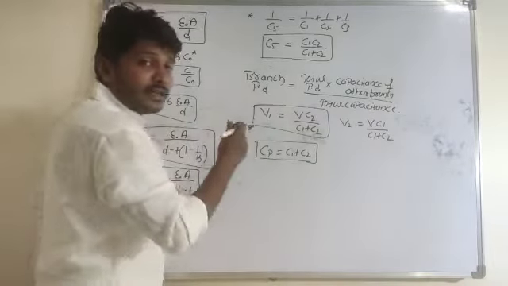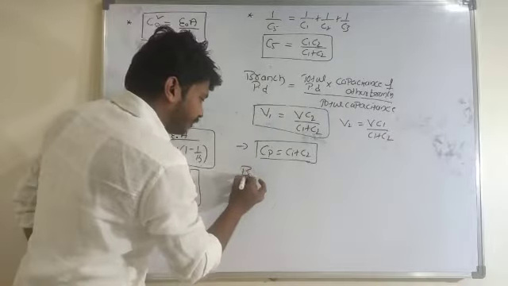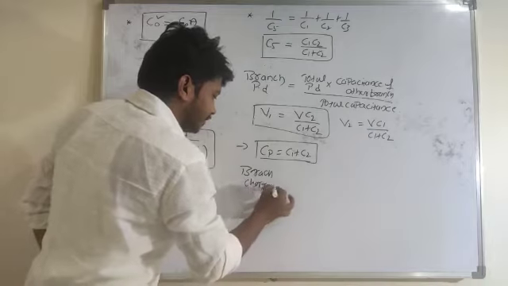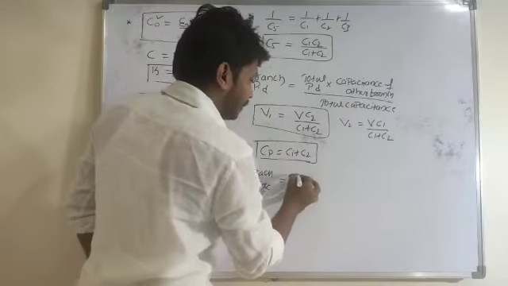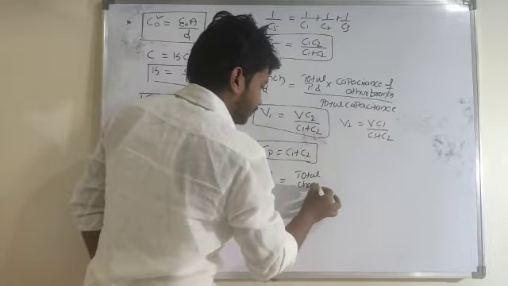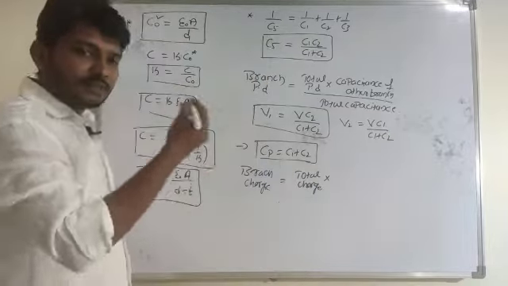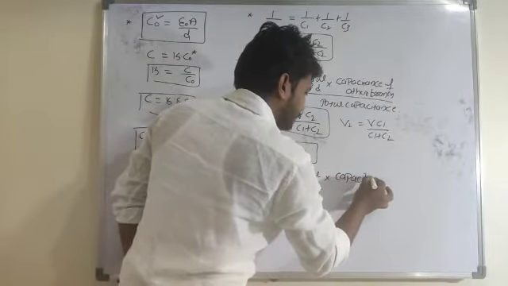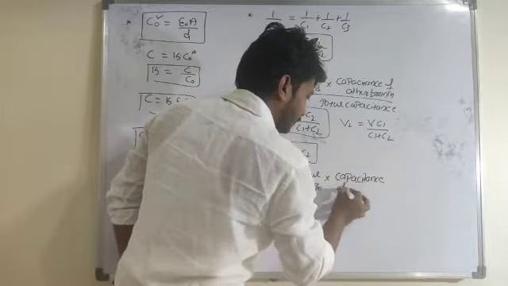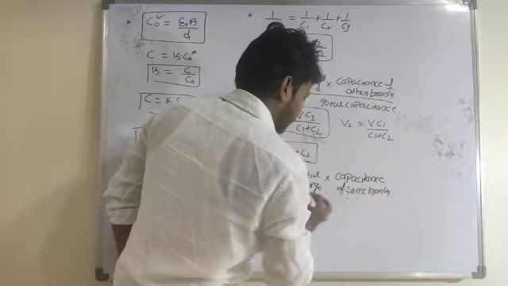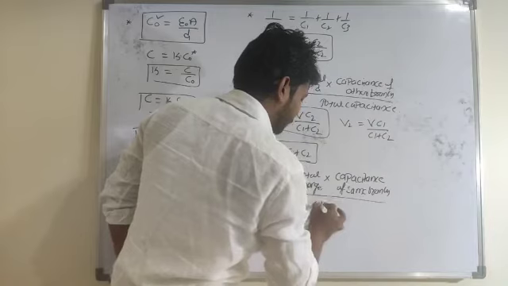In order to find the branch charge, or individual charge as you may call it, the branch charge is equal to the total charge into the capacitance of the same branch, divided by the total capacitance.